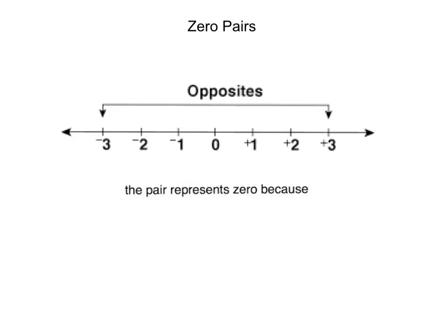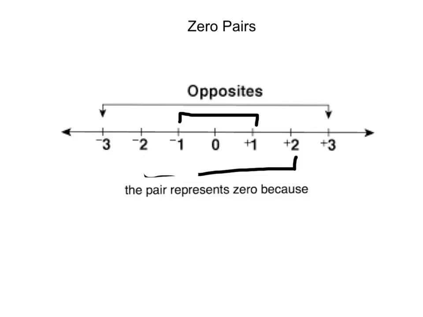This is also true for -2 and +2, and -1 and +1, because they're all the same distance away from their opposite partner. In addition to being called opposite integers, they are also referred to as zero pairs. And this is a concept that's going to be very important when we get into adding and subtracting of integers.